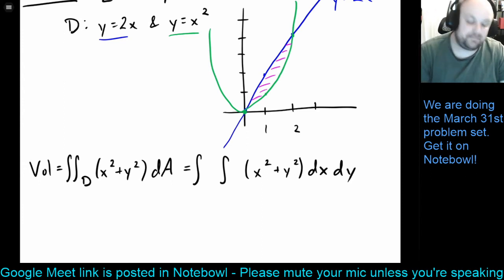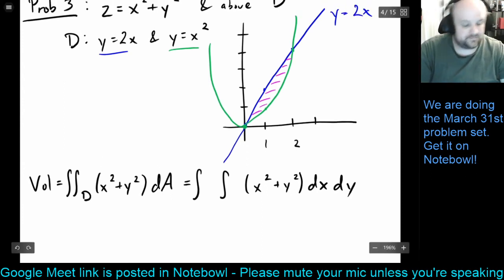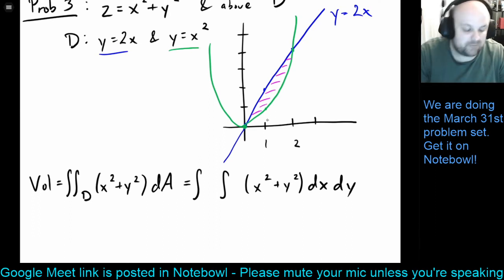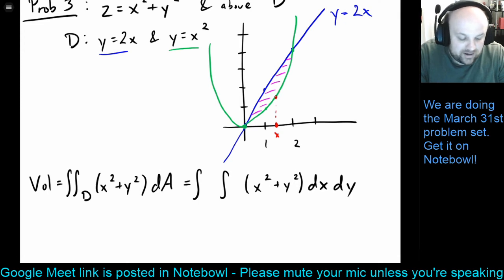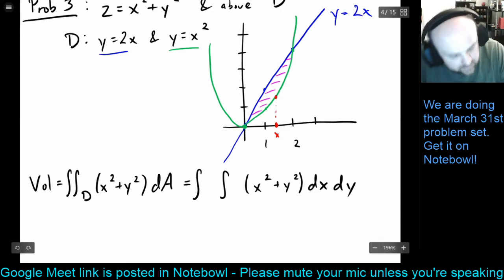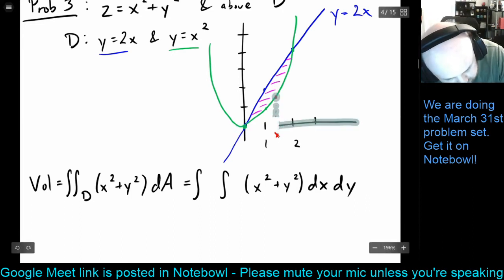All right, so that means we need to set up some bounds for x. Where does x start? Sorry, I did this all kinds of backwards.